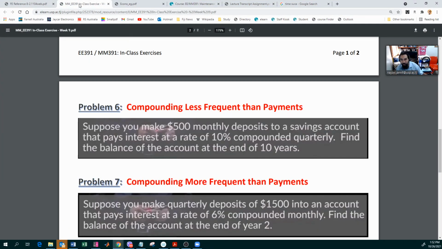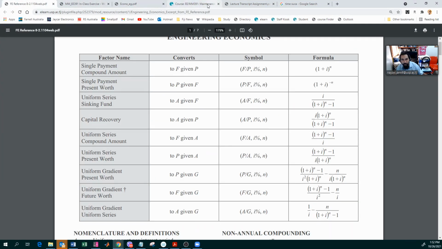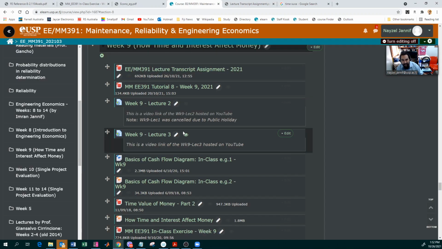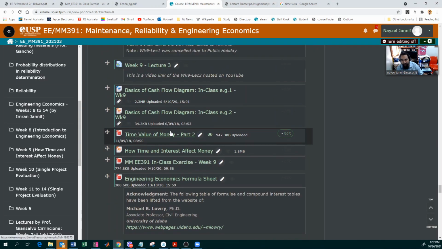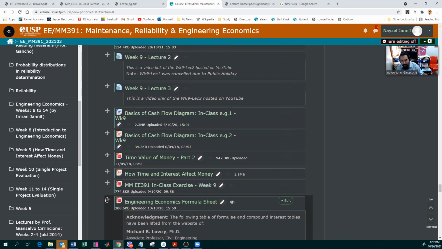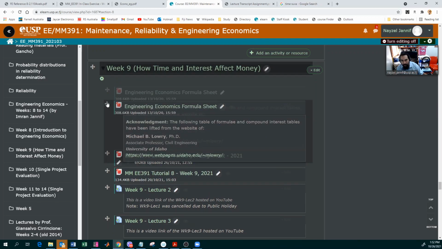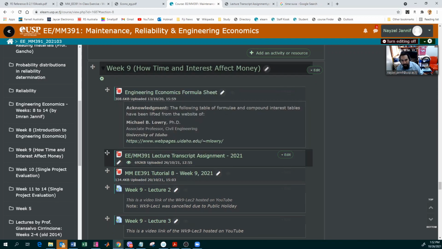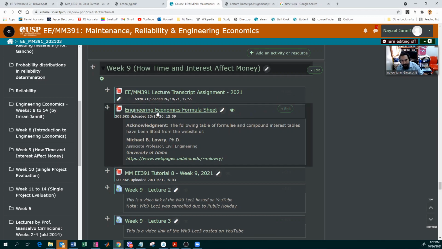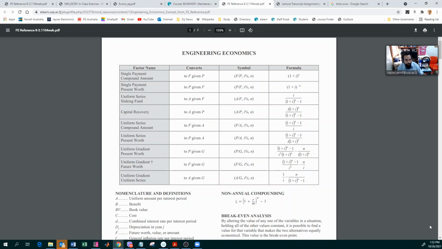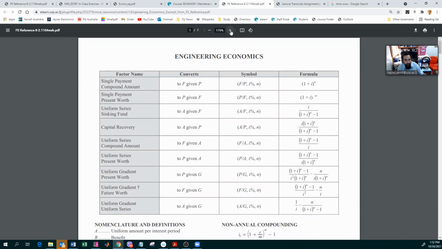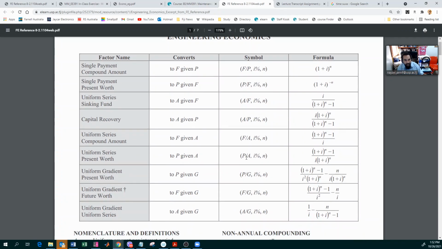For those of you who just joined in today, the formula sheet is, if you go to week 9, just below the lecture assignment transcript, you click over here. That's your P given A. Okay, so this is your P given A formula.